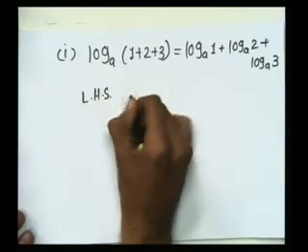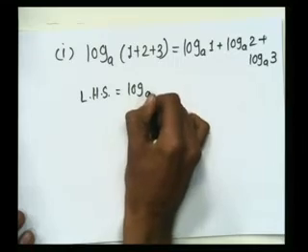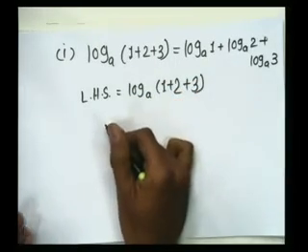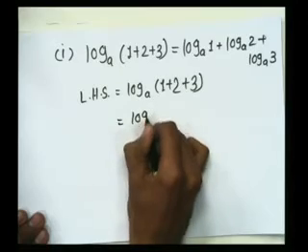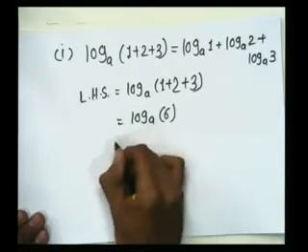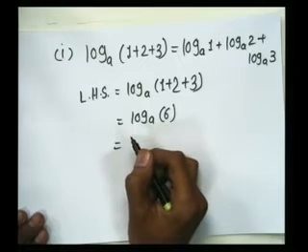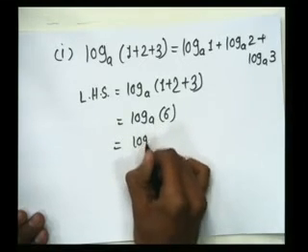LHS is log base a of 1 plus 2 plus 3, that is log base a of 6. 1 plus 2 plus 3 is equal to 6, and 1 into 2 into 3 is also equal to 6.